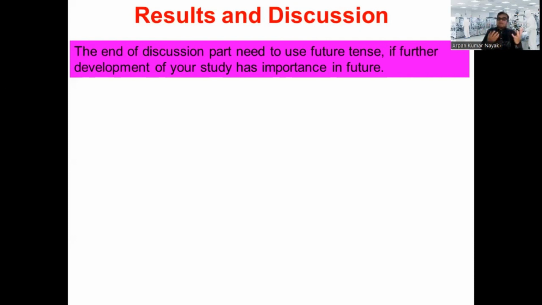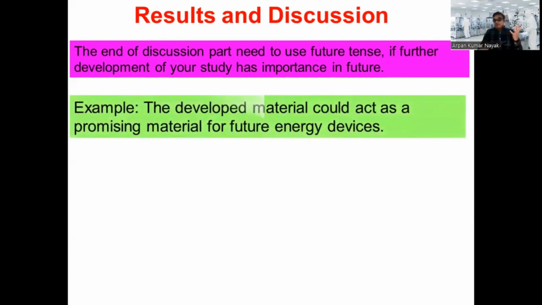For example, this material could be a promising material for this application. The present finding could be a promising or attractive solution for future applications.